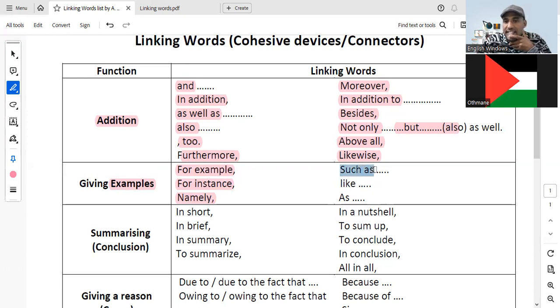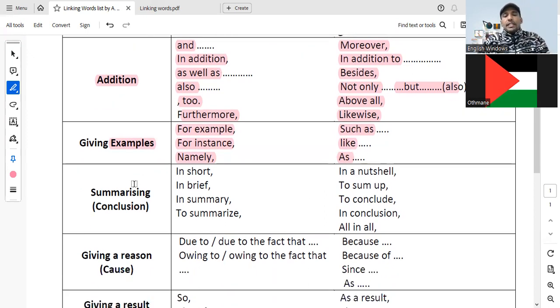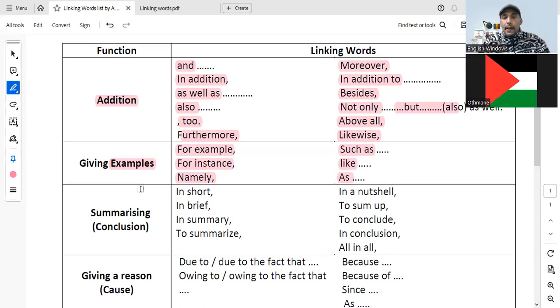So we have here again such as, لإعطاء مثال, such as, it means like, ça veut dire مثل, or as, right? European countries such as France, UK, right, and Britain, and Germany, are this and this, right? So this is another way of using linking words to give examples, right?